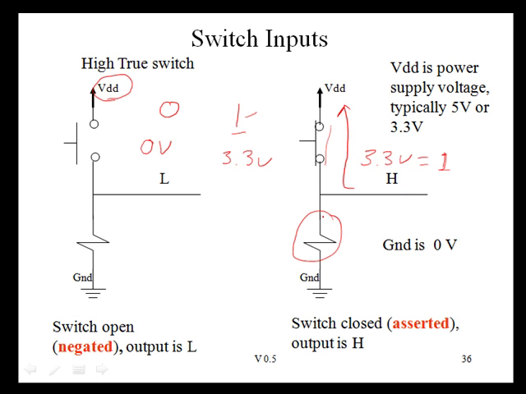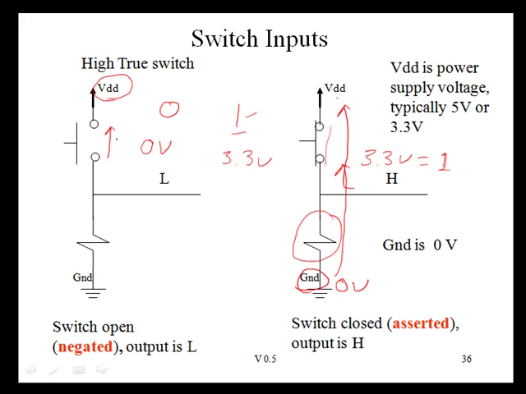This resistor right here: when we have this direct connection to VDD, we will also have a current path from ground to VDD, and all this resistor does is limit the amount of current that flows in this path. By the way, ground represents logic 0 volts. So whenever the switch is open, there's no path here.